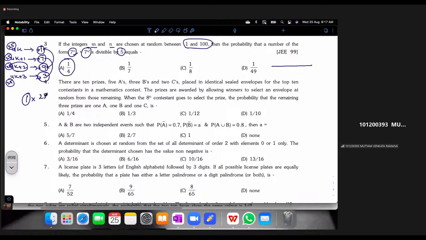So it will be 25 by 100, which is equal to 1 by 4. You may ask, sir, why in the first step, when you are writing 2 into 25 into 25 into 2 into 199, here the thing is, I am not repeating. M and n can be anything, and the same numbers are also possible. So it is not so. First one is 100 ways, second one is 100 ways.